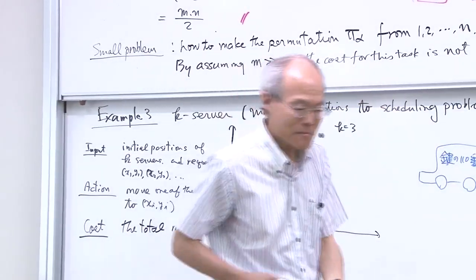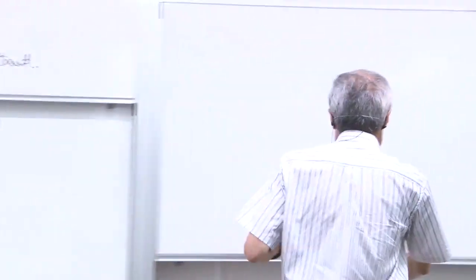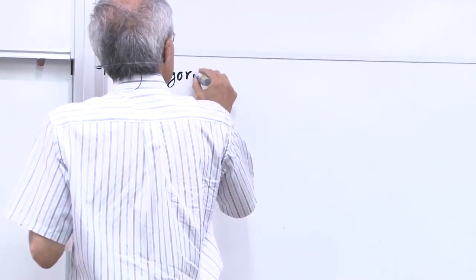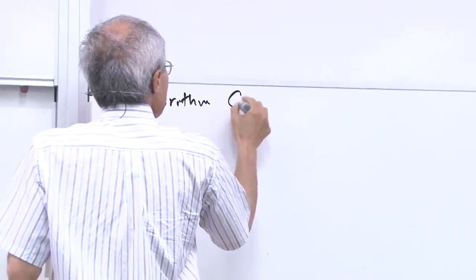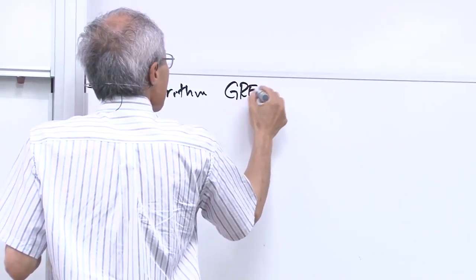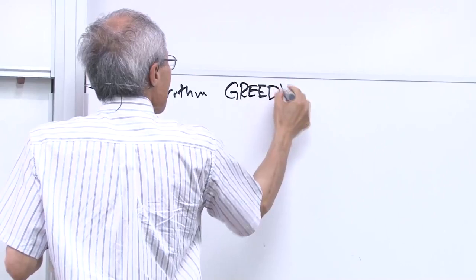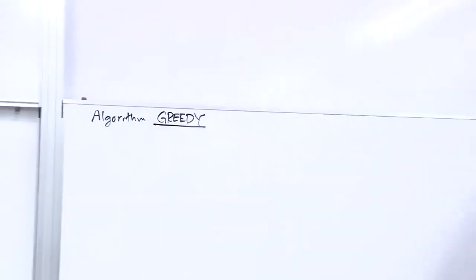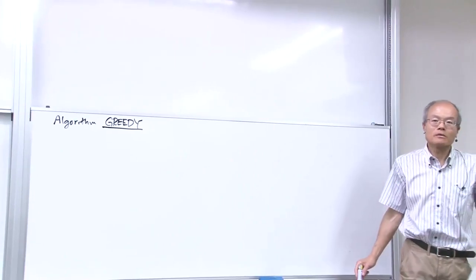So the most natural algorithm is called greedy.